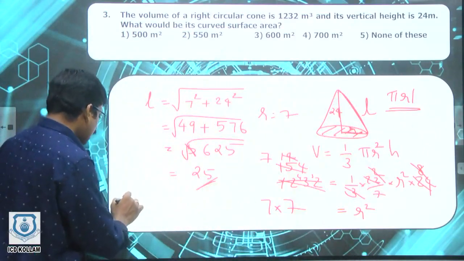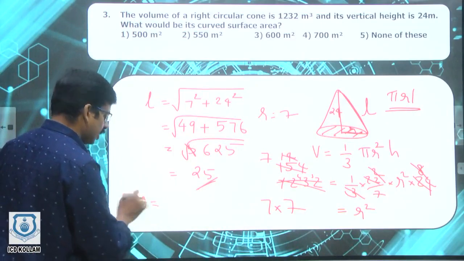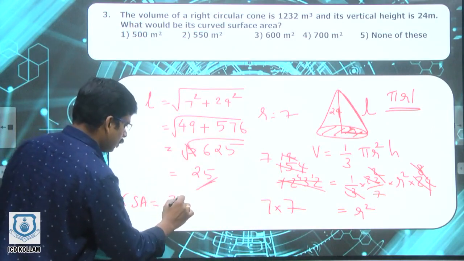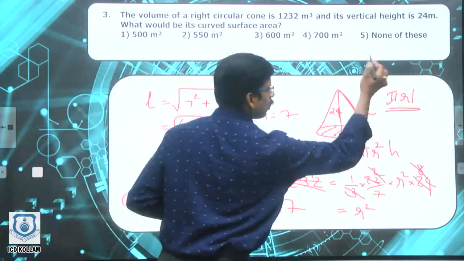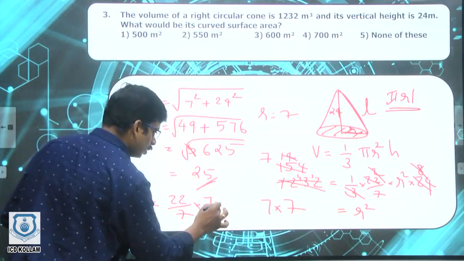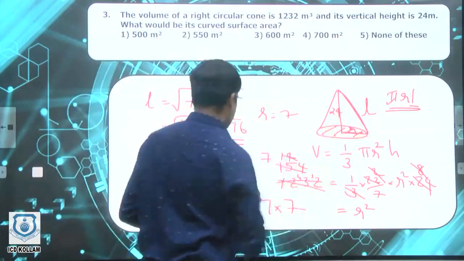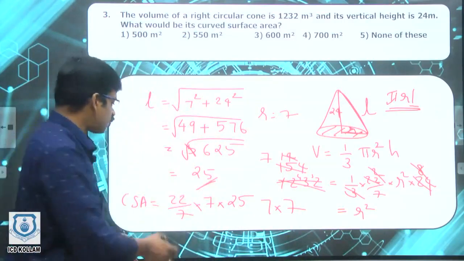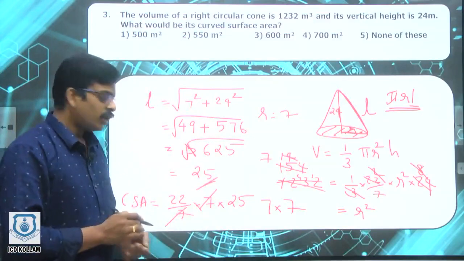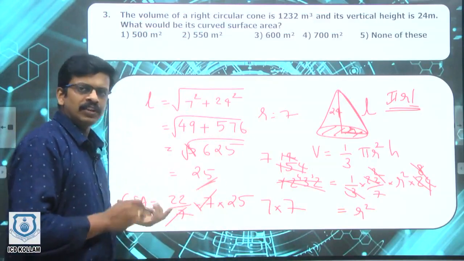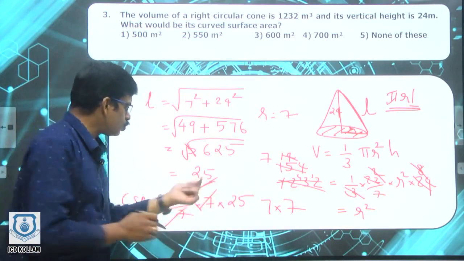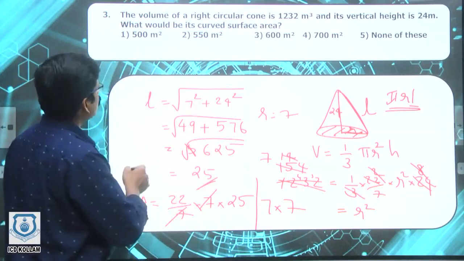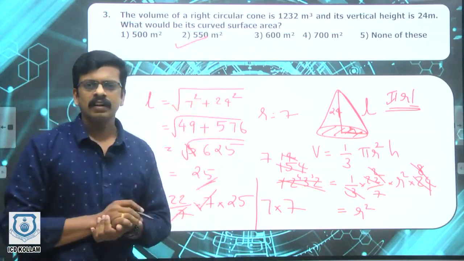So finally, the curved surface area of this figure is pi, that is 22 by 7, r which is 7 here, and L is 25. Now the 7 cancels. 25 into 2 into 11. So 25 into 2, 50 into 11, 550. So 550 meter square is the correct answer.